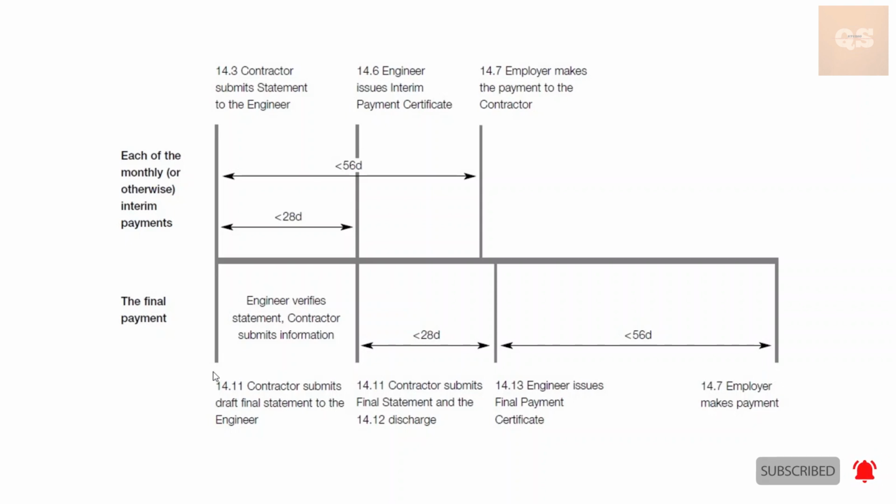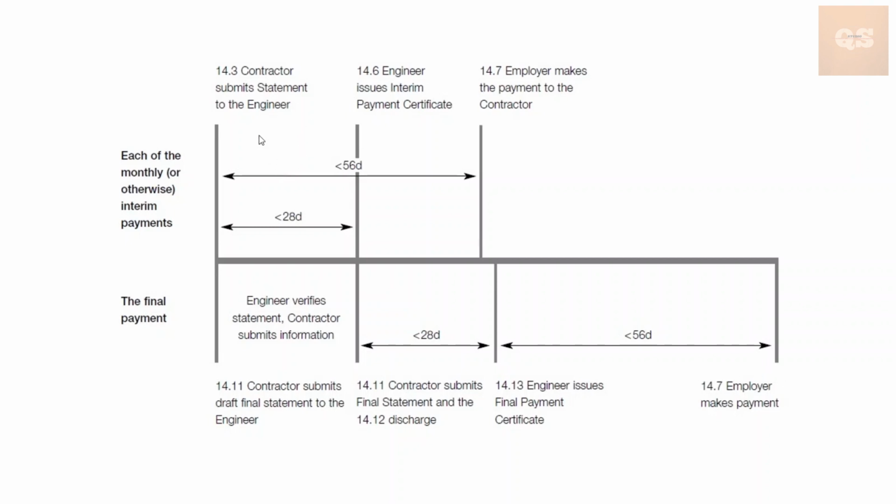So if you see, initially the draft is submitted. Within 28 days, the final statement is submitted based on the feedback given by the engineer, and in another 28 days the final payment certificate is issued. And once the final payment certificate is issued, within 56 days the final payment is done.